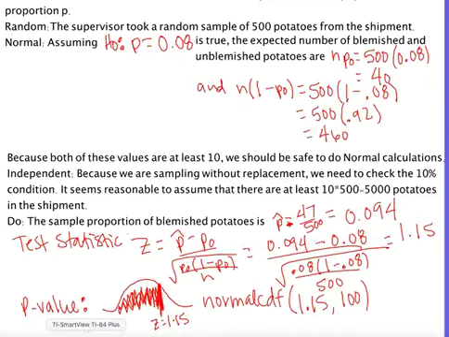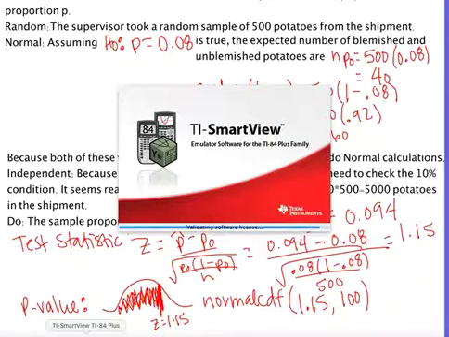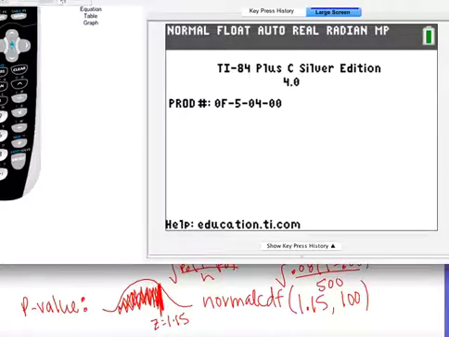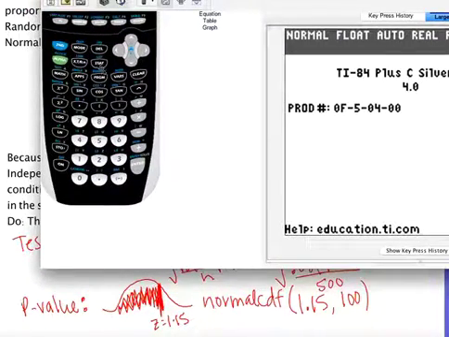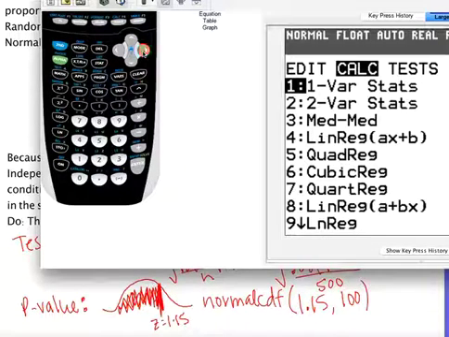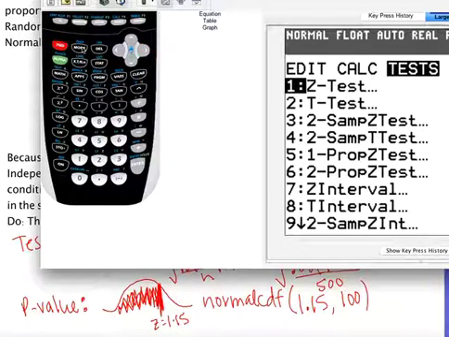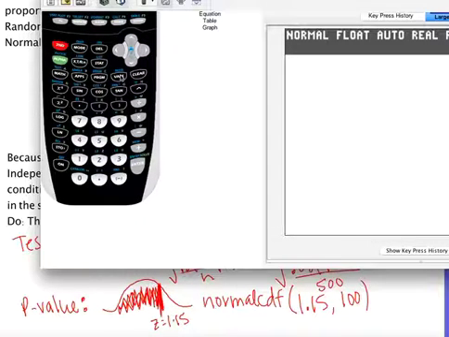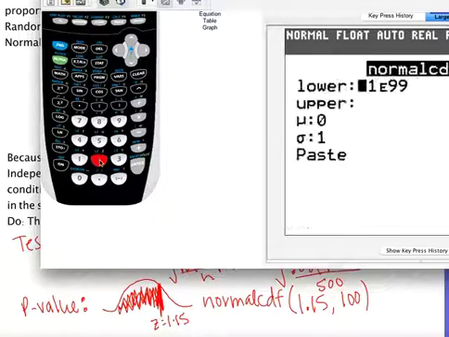So we'll go to the calculator. All right, so we'll go to second vars. We'll go to 2, normal CDF. Our lower bound is going to be 1.15.